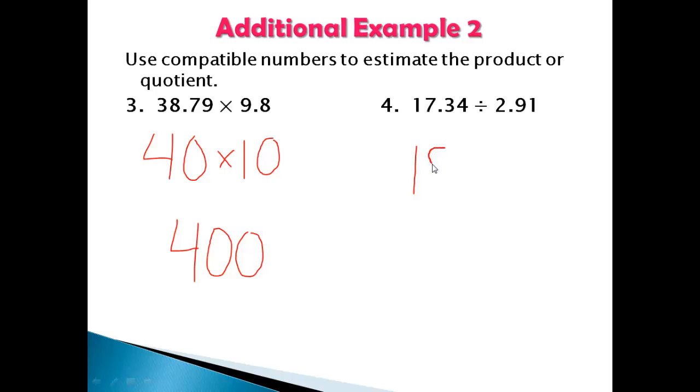So 17 and 34 hundredths would round to 18, and then we have divided by 2 and 91 hundredths, which would round to 3, and 18 divided by 3 would be 6.